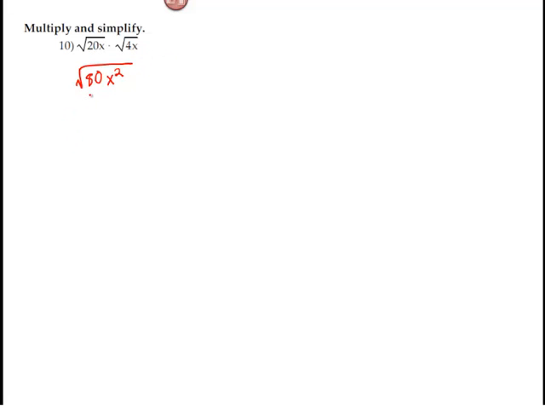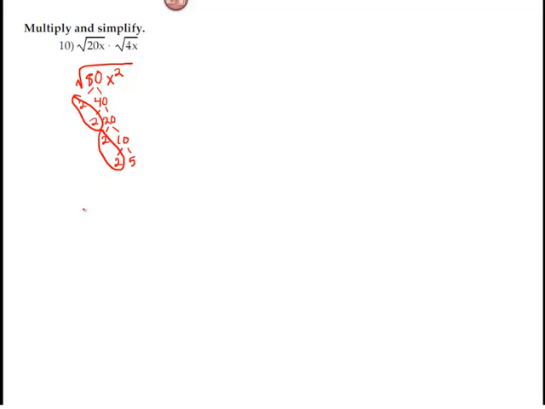So now I need to simplify this. 80, I need a factor tree for. So since it's a square root, I'm looking for pairs of numbers. So here's a pair, here's a pair.